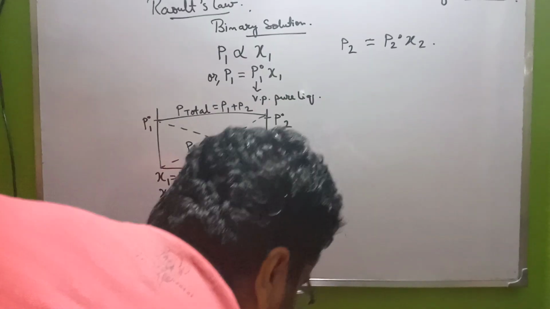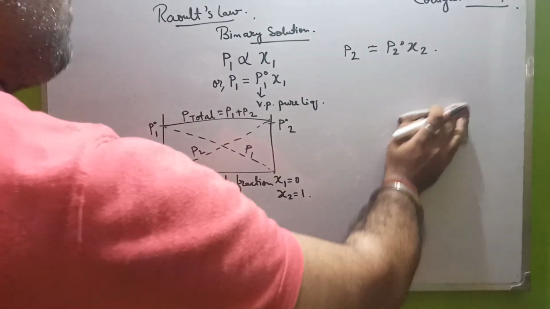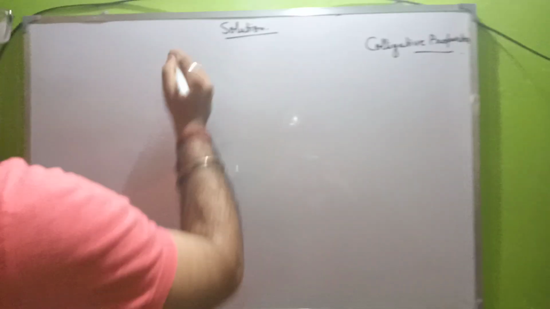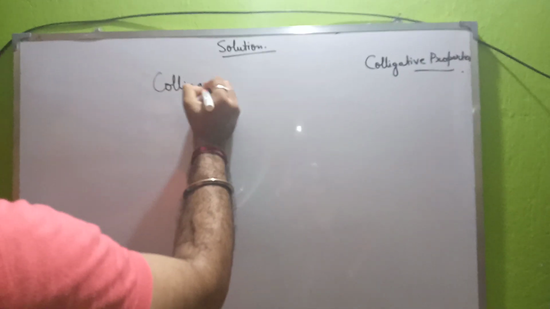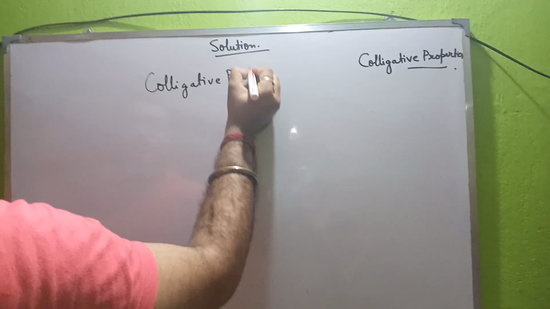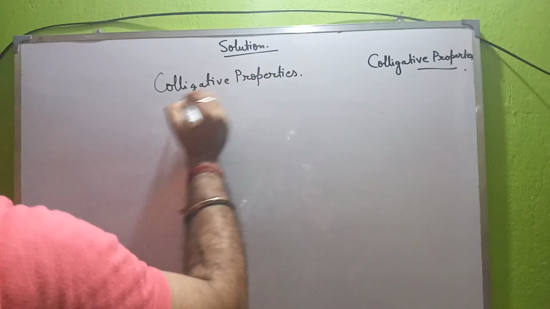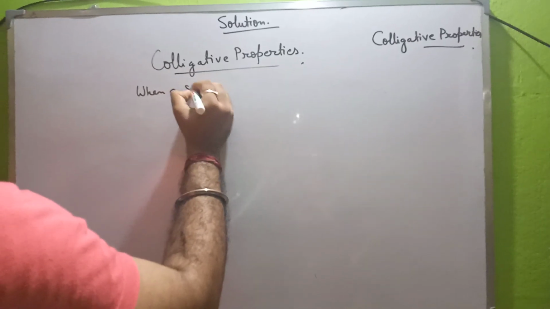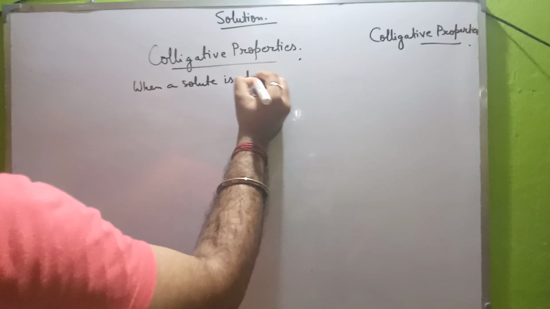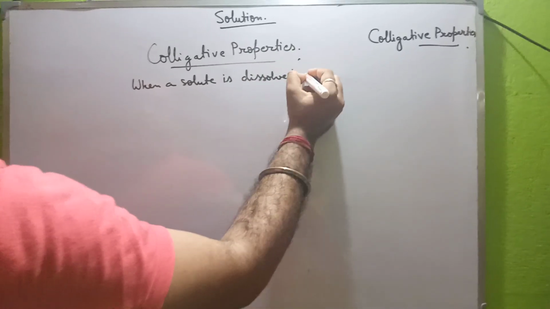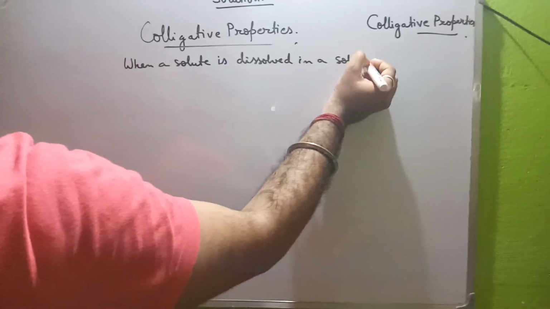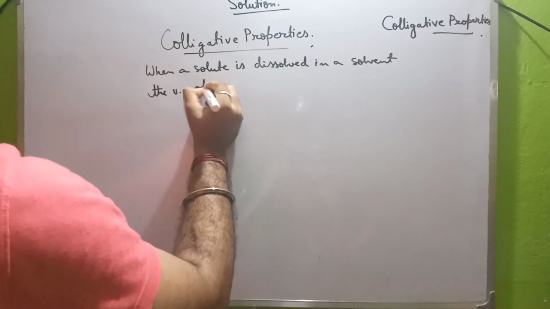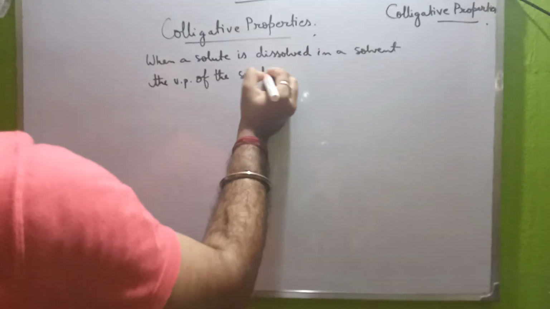Now we will be discussing today colligative properties. What are colligative properties? Let us discuss. Colligative properties, as it says, when a solute is dissolved in a solvent, the vapor pressure of the solution decreases.